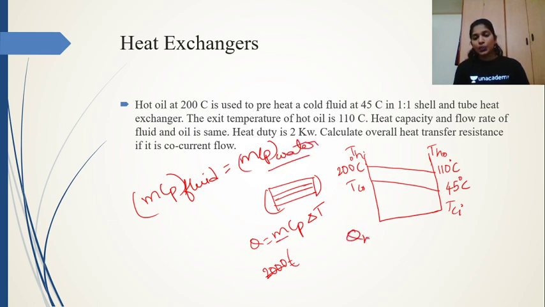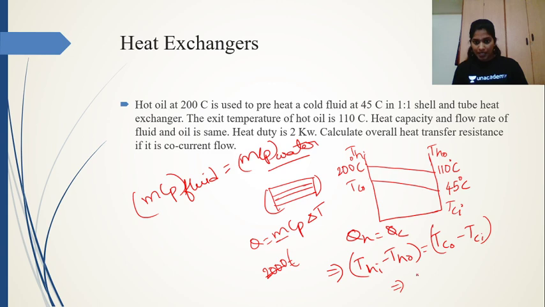While equating QH is equal to QC, you will be getting THI minus TH naught of hot fluid is equal to TC naught minus TCI of cold fluid. What is THI? 200 minus 110 is equal to TC naught minus 45.